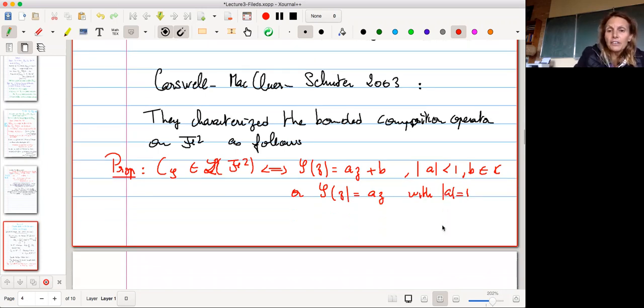And moreover, in the case where the modulus of a is strictly less than 1, C phi is compact.